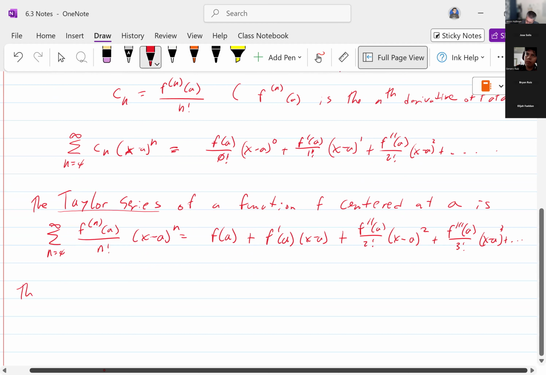Okay, the Maclaurin series is a little bit nicer of a series. It's not centered at a, it's centered at 0.